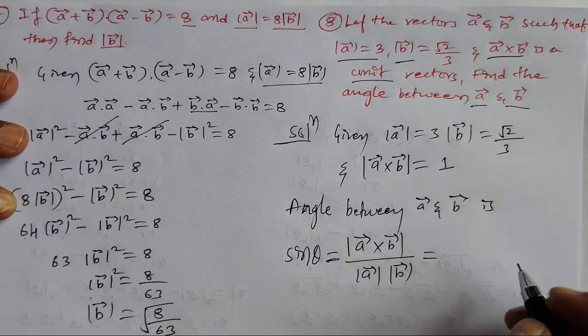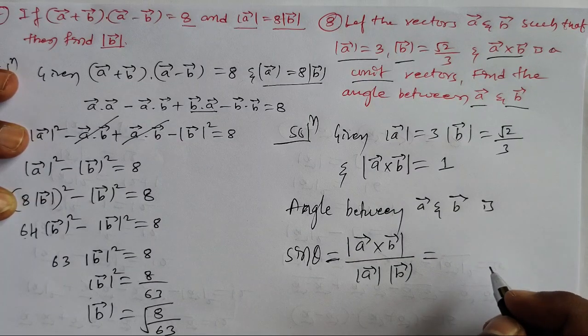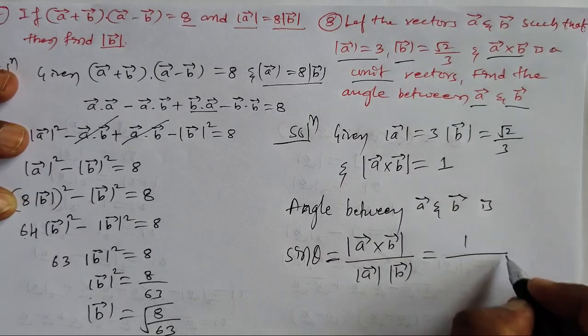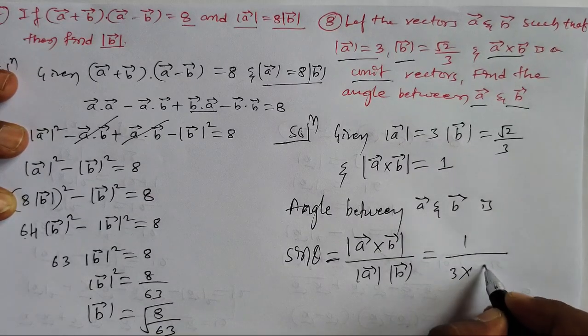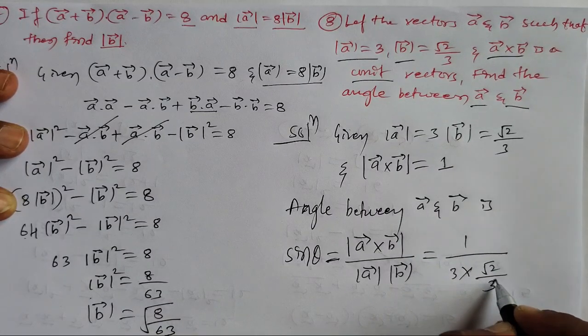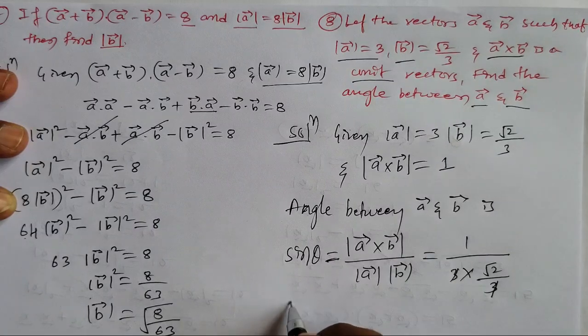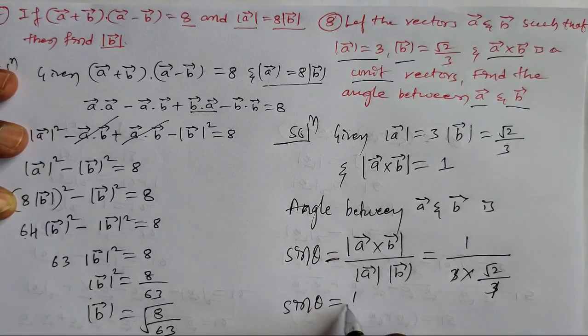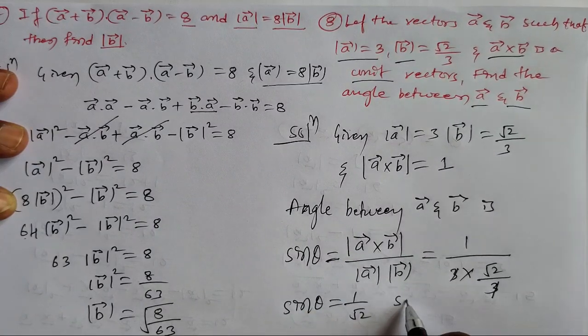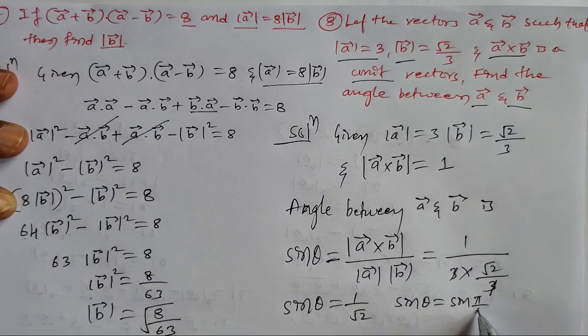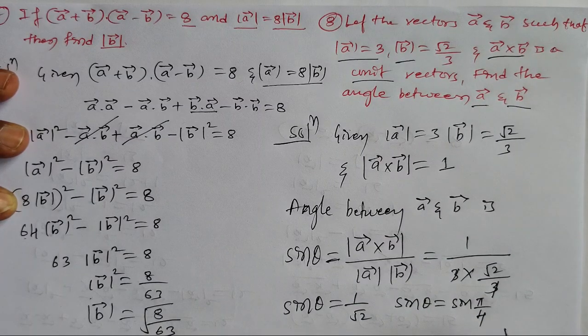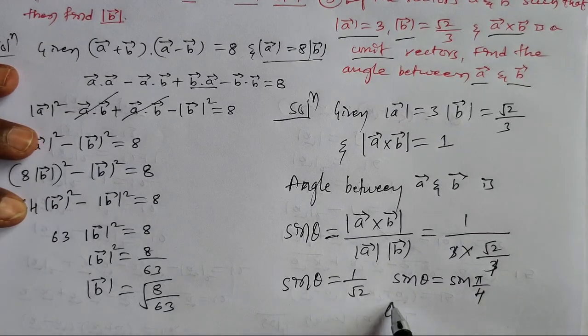Okay, I'll substitute the value. Magnitude of a cross b vector is 1, divided by the magnitude of a vector, 3, into root 2 by 3, and 3 gets cancelled, then sin theta becomes 1 by root 2. When it becomes 1 by root 2, that is sin pi by 4, 45 degrees, then the angle theta is equal to pi by 4.